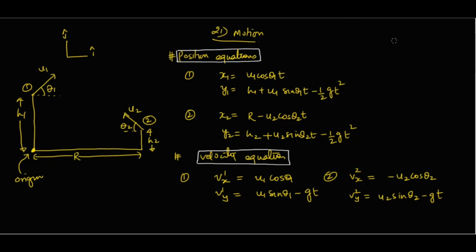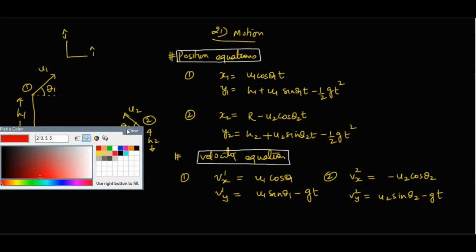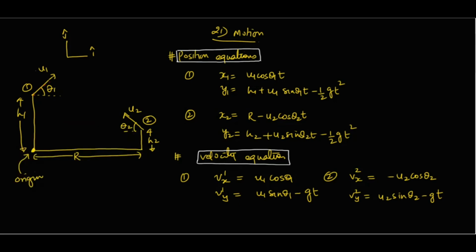Now if particle 1 and particle 2 are going to meet after some time in space, what's going to happen? Suppose this particle is going to travel along this path, and it was destined to land here, and this particle had to travel something like this.